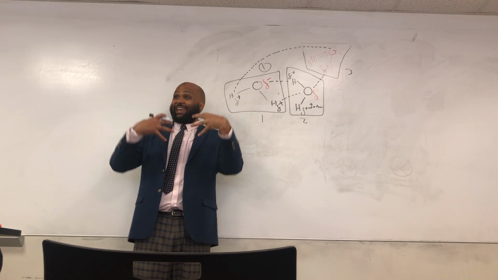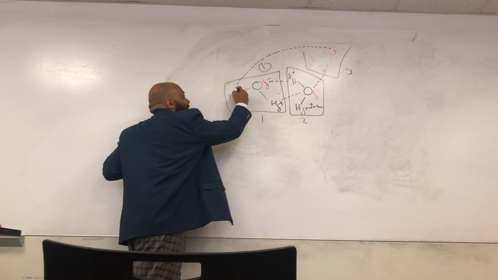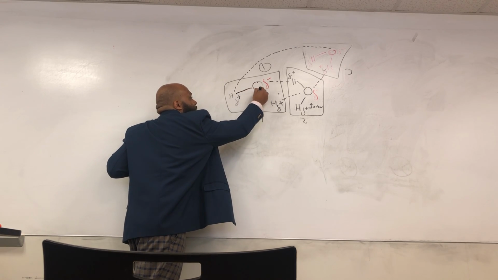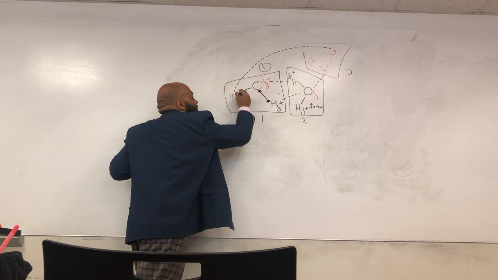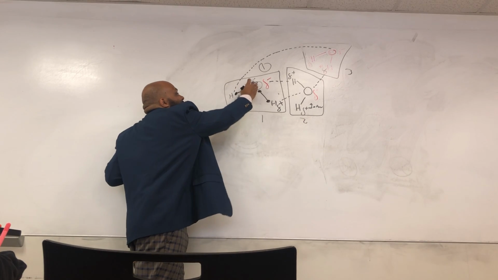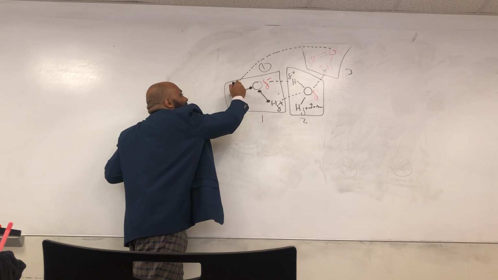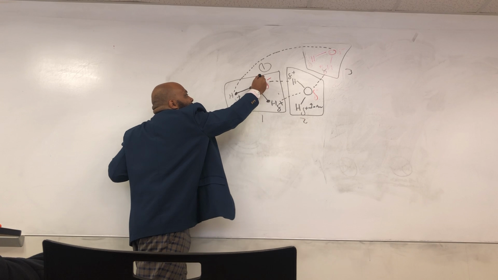So now let's look inside them. How is the water molecule made? It is made by two covalent bonds, where oxygen gives one electron, hydrogen gives one electron, hydrogen gives one electron, oxygen gives one electron. But we said because oxygen is so big, it's gonna pull the electrons of hydrogen to spend more time around it.